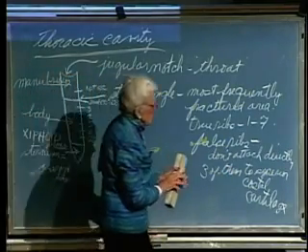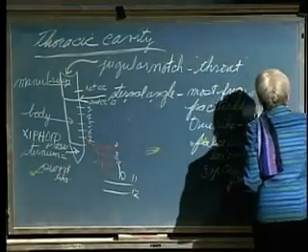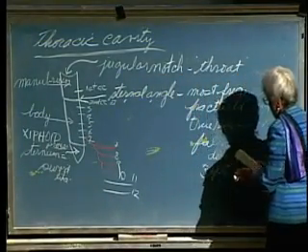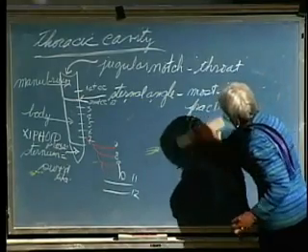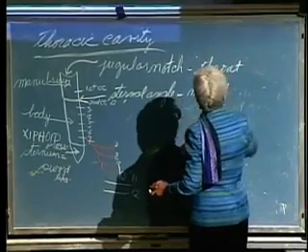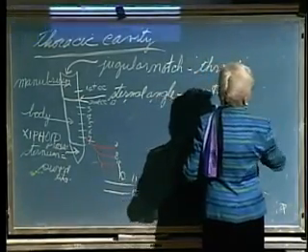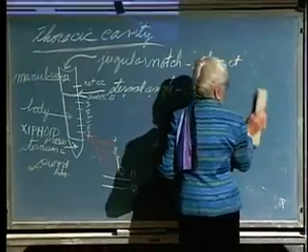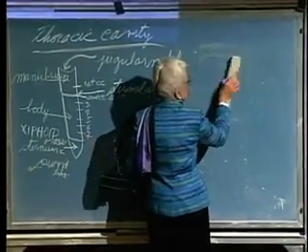All the ribs then have a posterior attachment to what? Where do the ribs attach? What did we say in the last lecture? Which vertebra have facets for rib attachments? Thoracic.